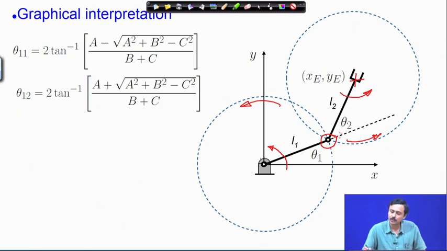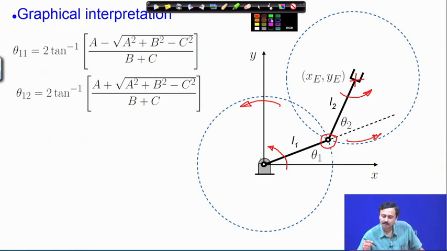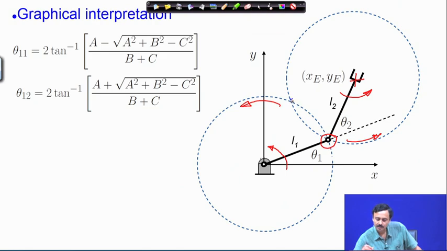One solution is shown in black, the other solution is at this intersection.